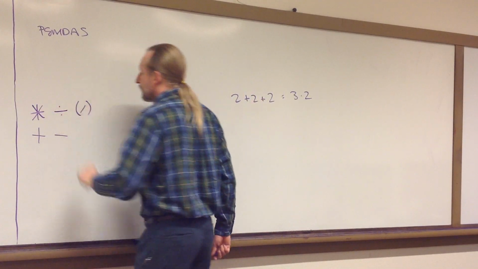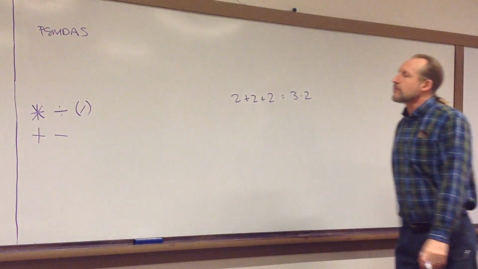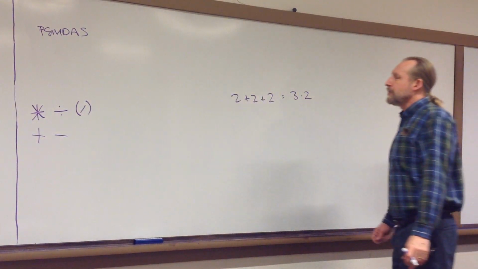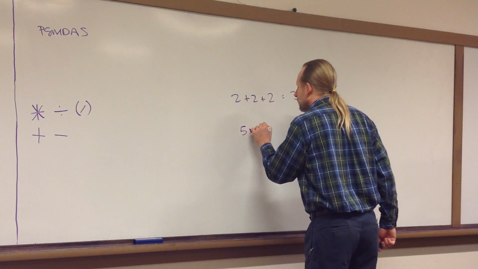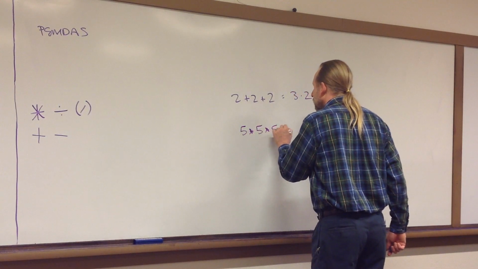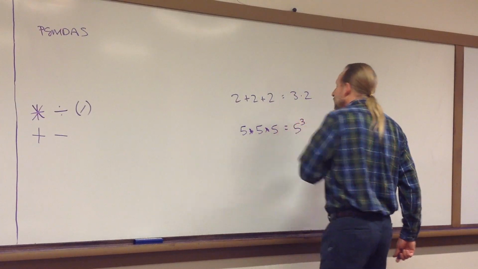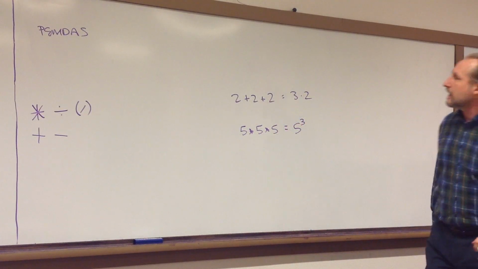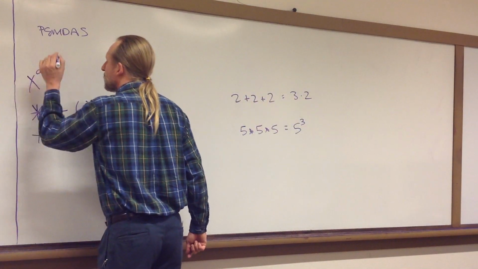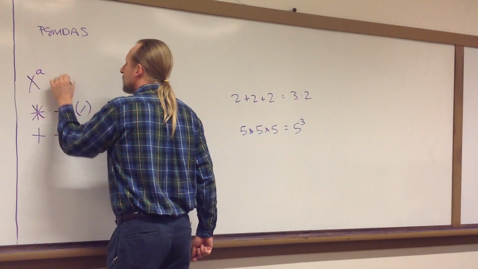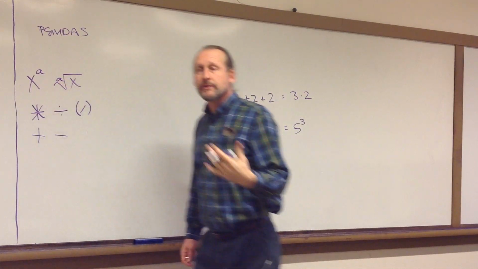And you can also use the fraction bar for division. Okay? And then if you do repeated multiplication, let's say you do 5 times 5 times 5, that's 5 to the 3rd power, okay? So the repeated multiplication gives you exponents, and the opposite of exponents are roots, okay?